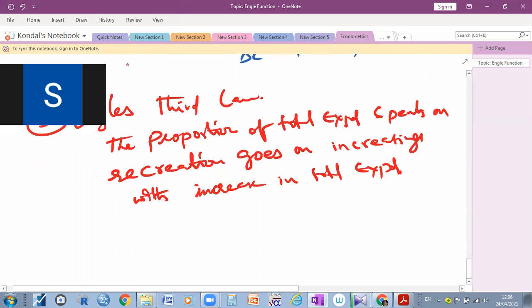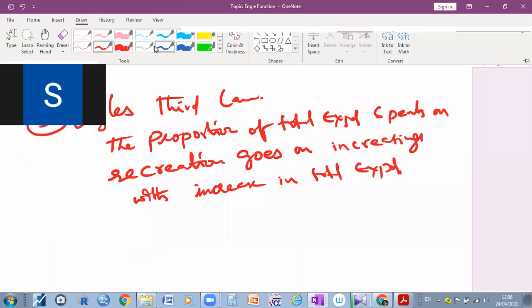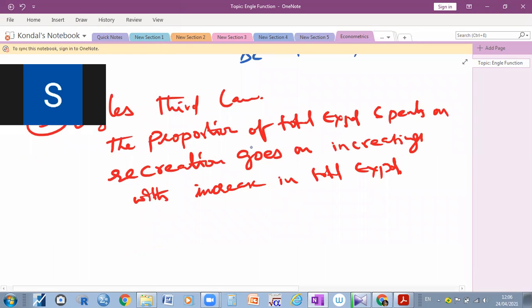So as per the third law, the proportion of total expenditure spent on recreations.